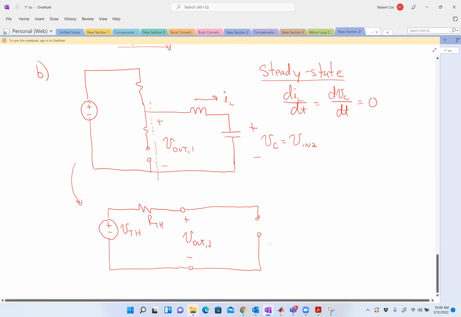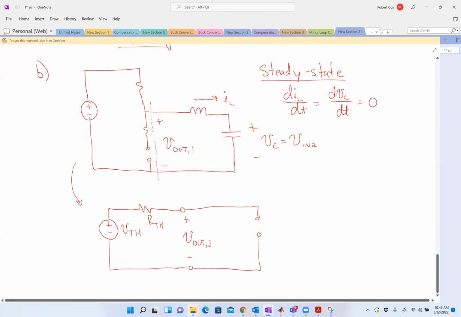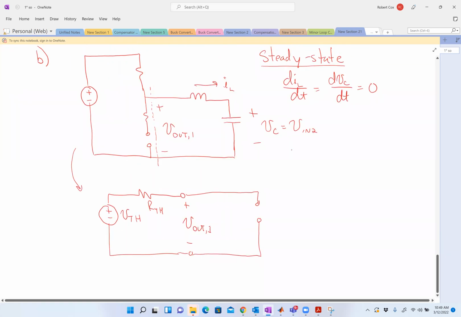But what I'm doing is I'm saying I've got to replace everything to the left of that dashed line with that Thevenin equivalent. Now in part C, what comes out of part B is really what I need for my initial condition. So the thing I'm really getting out of it is I sub C of 0, right?